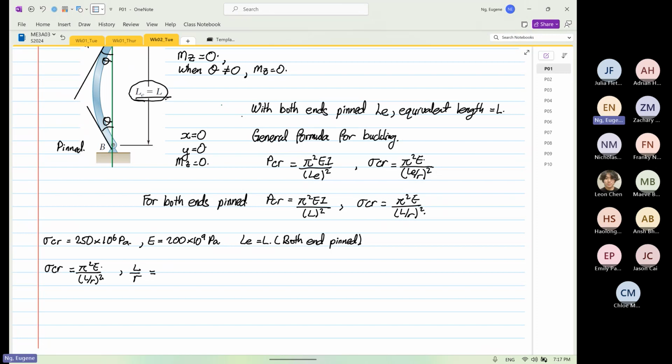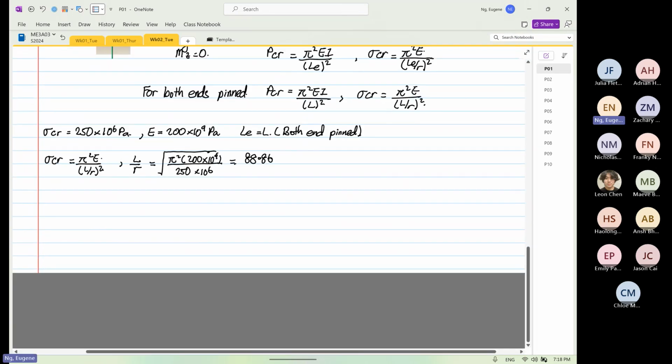This will be equal to the square root of pi squared multiplied by 200 times 10 to the power 9, and then we divide this by pi squared by 250 times 10 to the power 6. And over here now we get 88.86.